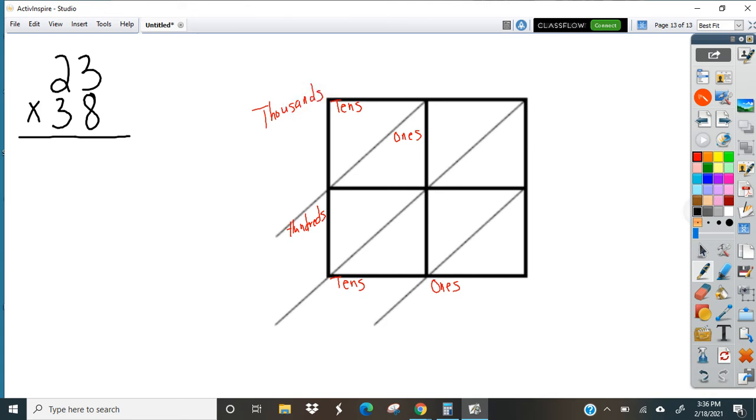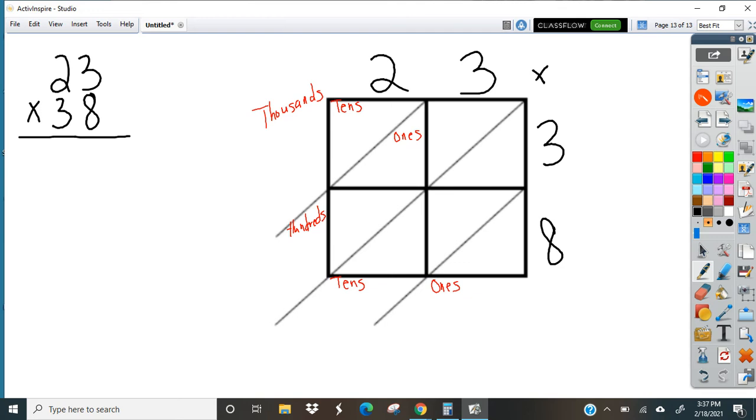The nice thing about this method that a lot of the students like is you just write your digits above each column and on the right side. I also have my students put a multiplication sign here, just to remind themselves that they are multiplying. This method the students like because it's just the basic facts.